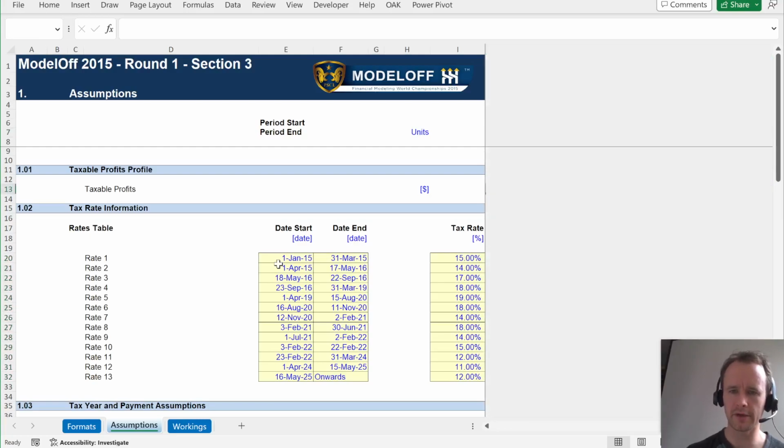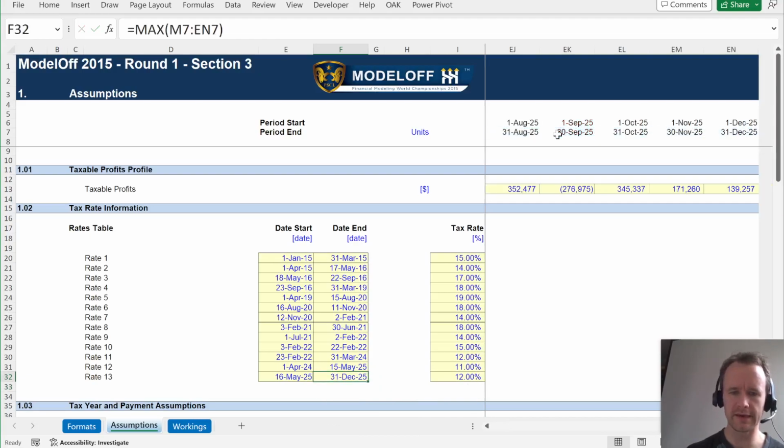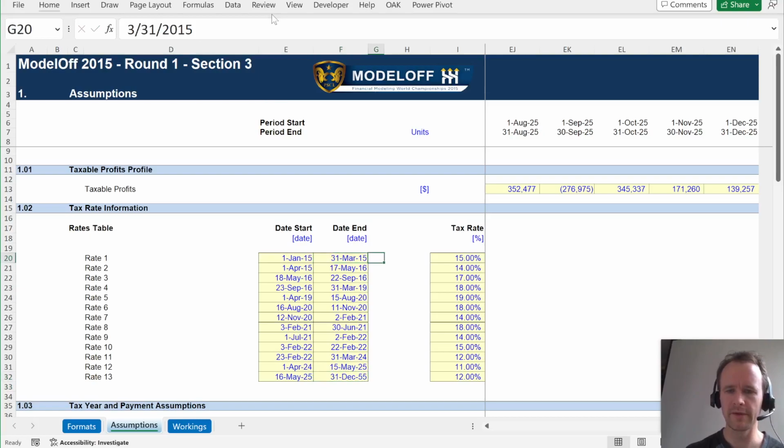So I'm just going to hide all of that so I can scroll around. And to do this, I'm going to just replace the onward date with just the last date of my model. And I guess just for the sake of caution, let's make it 30 years later.